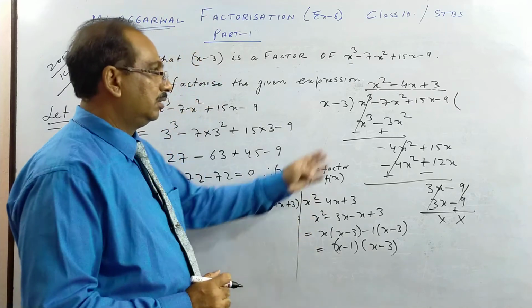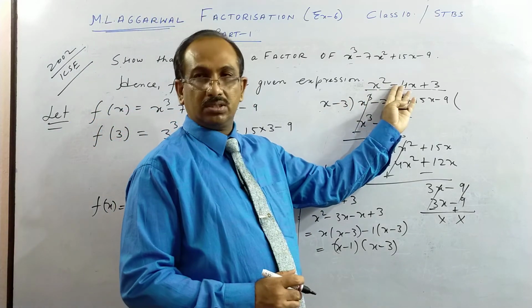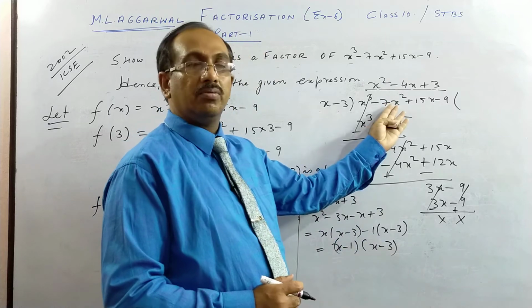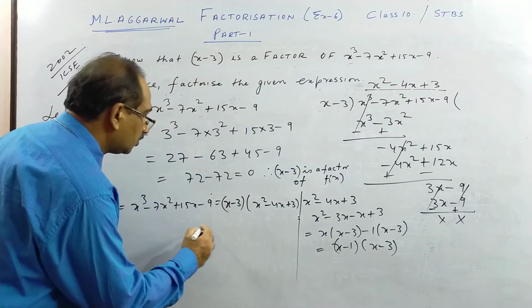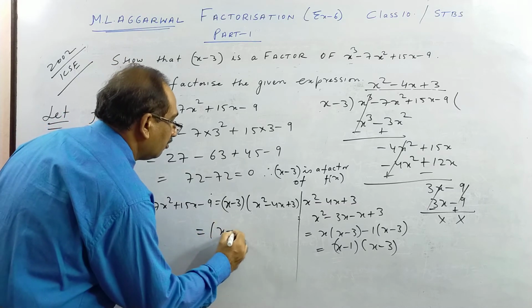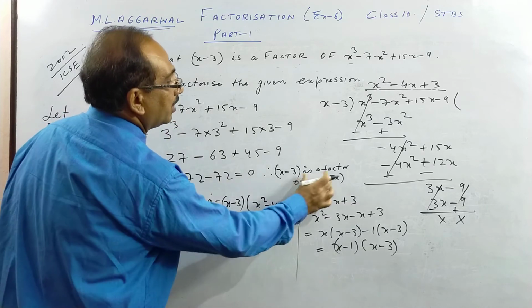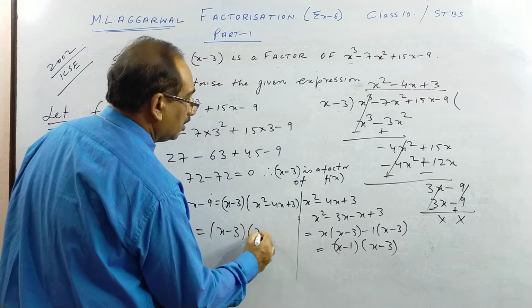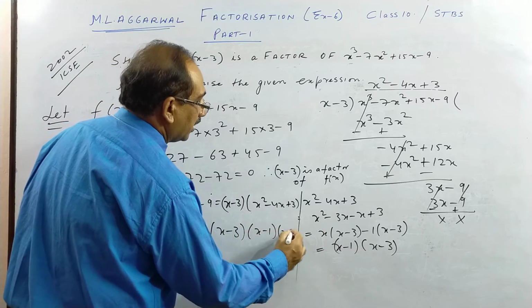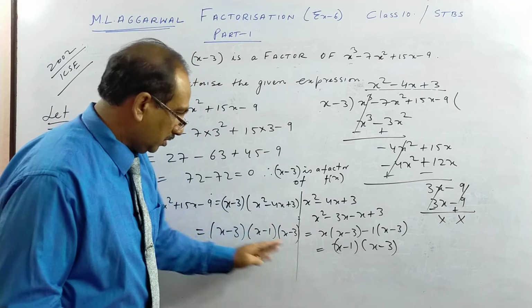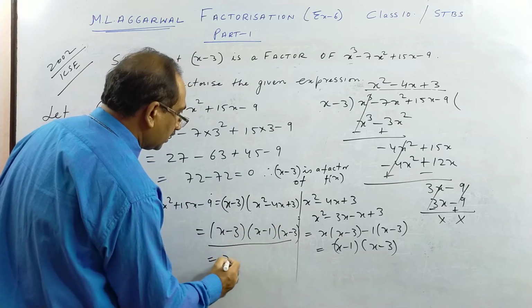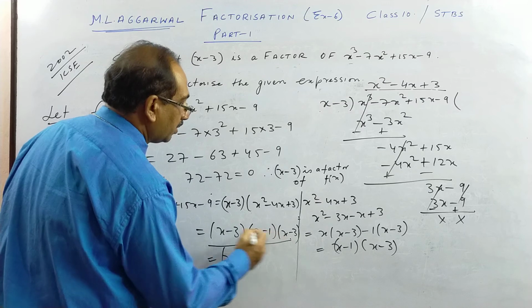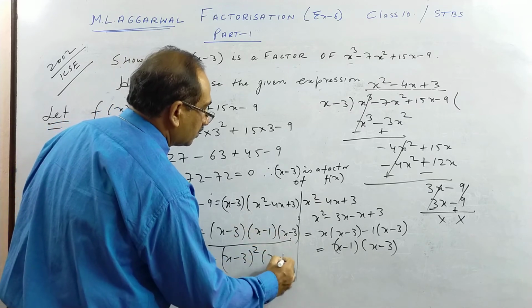This is this into this because the remainder is 0. When the remainder is 0, dividend is divisor into quotient. So finally, children, we have got one factor, and this we have broken into two factors, x minus 1 and x minus 3. So you can write it as x minus 3 whole square into x minus 1.